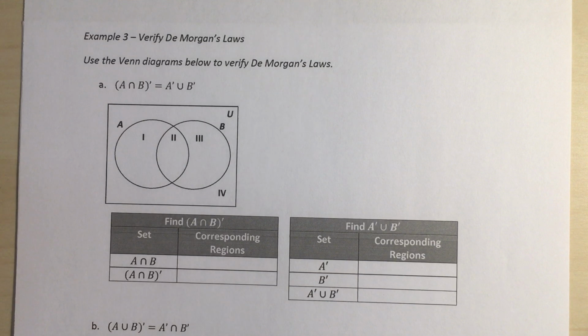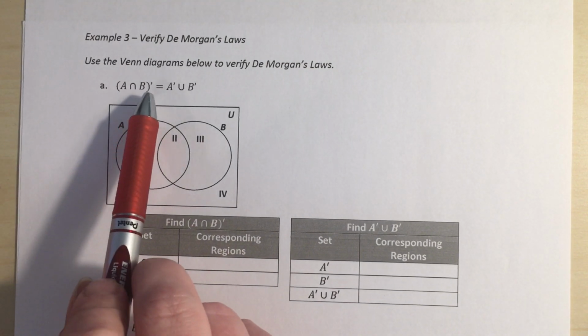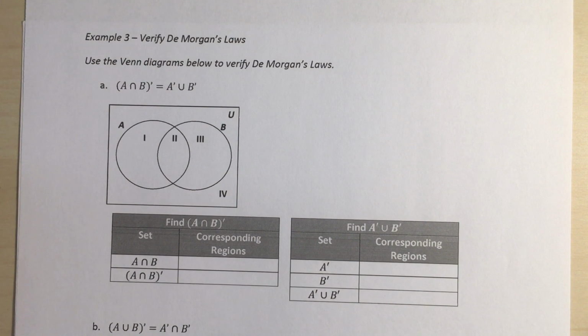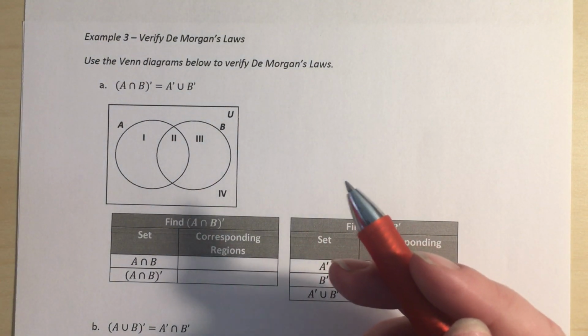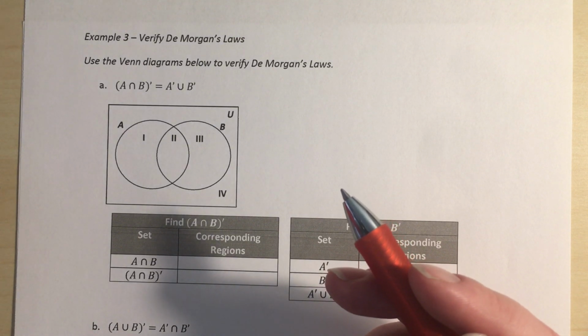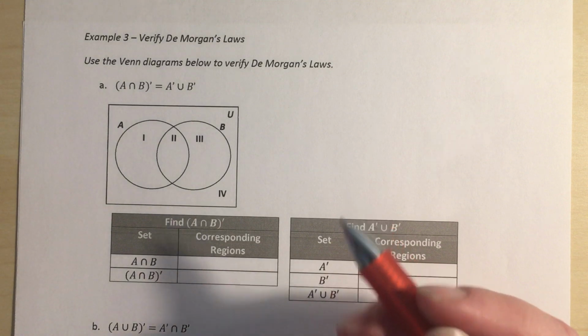Right. Our first statement here, (A intersect B) with a complement outside the parentheses, is equal to A complement union B complement. Right. So sometimes we might see these referred to in words.